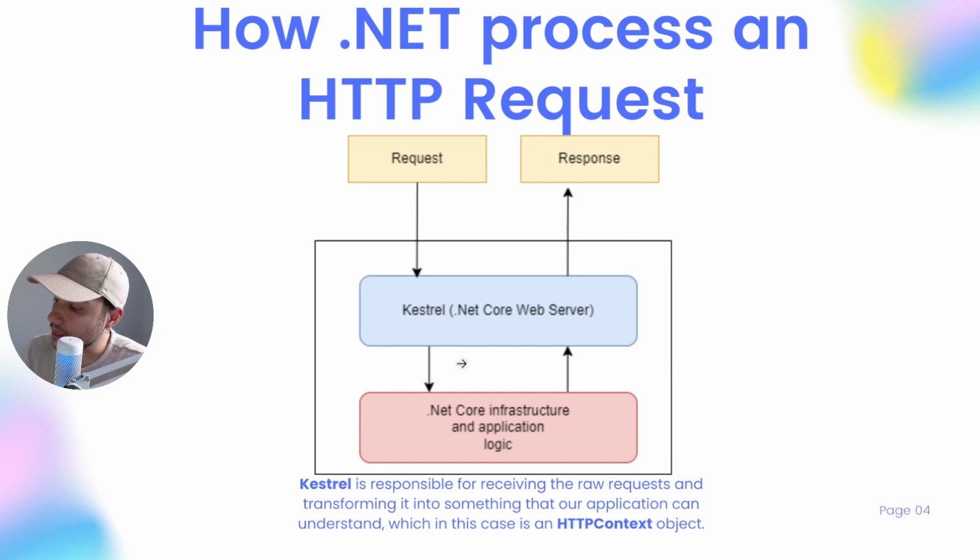So Kestrel is going to need to transform it into something that our .NET application can understand, right? So it is going to transform it into something which is called the HTTP context object. And now using this context object, we're going to receive information about the request. We're going to be able to write information about the response, as we're going to be seeing.